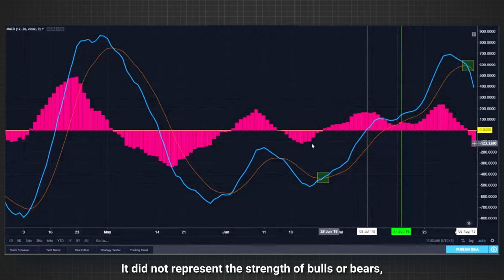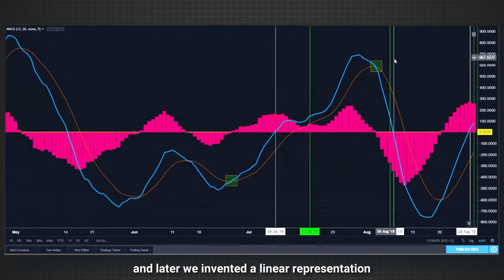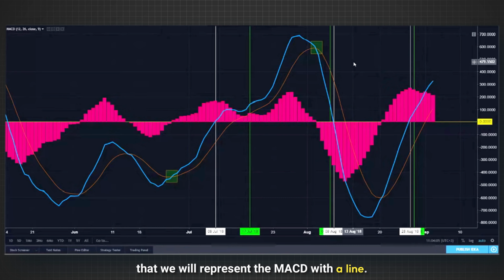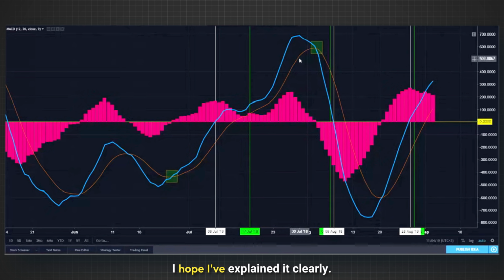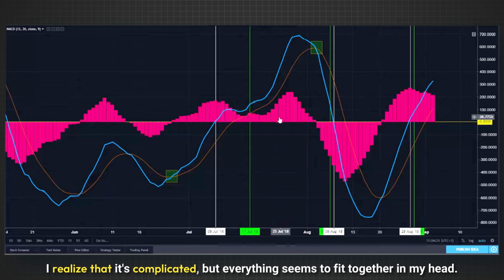It did not represent the strength of bulls or bears. And later we invented a linear representation where we represent the MACD with a line. And the difference between our signal line and the MACD line, we represent in the form of a histogram. I hope I've explained it clearly. I realize that it's complicated, but everything seems to fit together in my head.